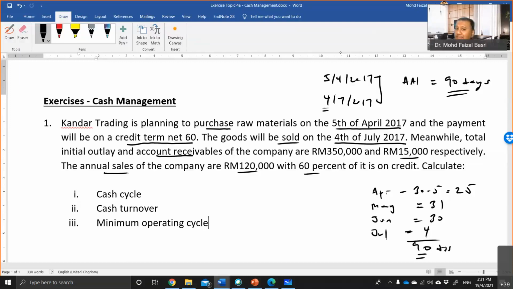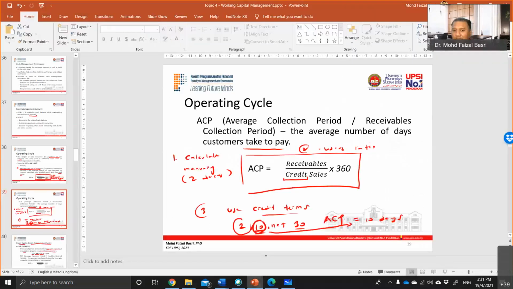This is not from your customer. This is from this company to the supplier. So therefore, this is not ACP. This credit term is not for ACP. So what is ACP then? ACP, if you can see from this formula, we need receivables, we need credit sales.